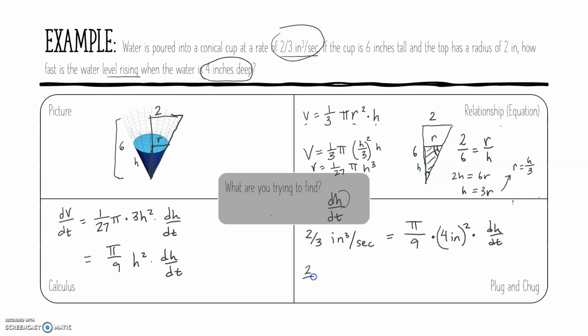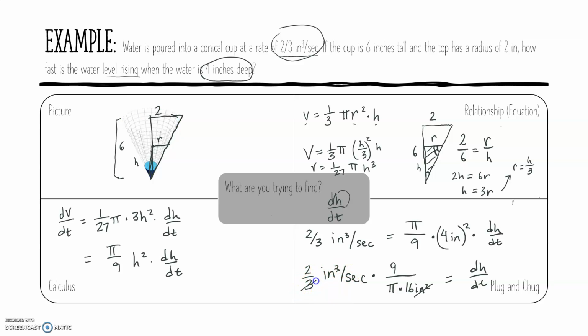So we have 2/3 inches cubed per second. This would be 16 pi over 9. So I'm going to do the reciprocal. 9 over pi times 16 inches squared. And our inches units cancel a bit. So we just have inches per second, which is what we want it to be for dh dt.